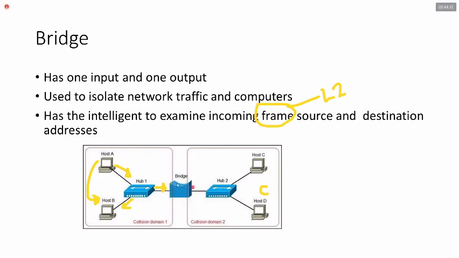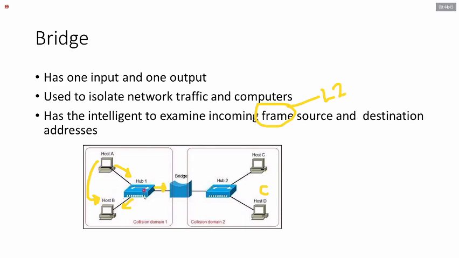Because the bridge knows this B computer is somewhere in this part, side 1. So if the message is coming from side 1 addressed to B, there is no point sending it to side 2, because it knows that the device is in side 1. So this yellow color message will not pass to this side.